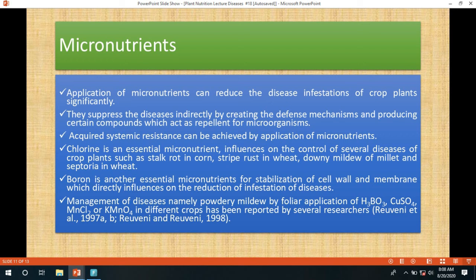Boron is another essential macronutrient for stabilization of cell wall and membrane, which directly influence on the reduction of infestation of diseases. Management of disease, namely powdery mildew by foliar application of boric acid, copper sulfate, manganese chloride or manganese potassium or manganate is in different crop has been reported by several researchers.